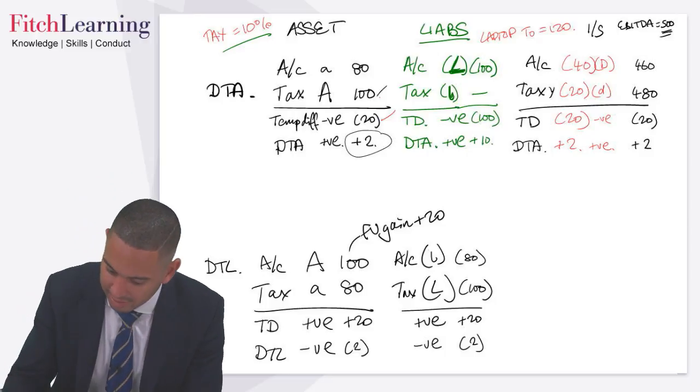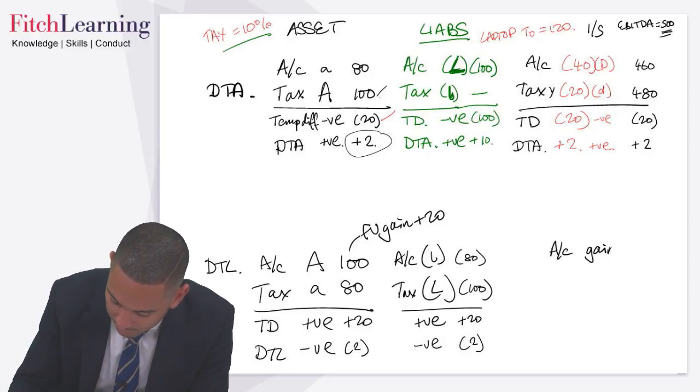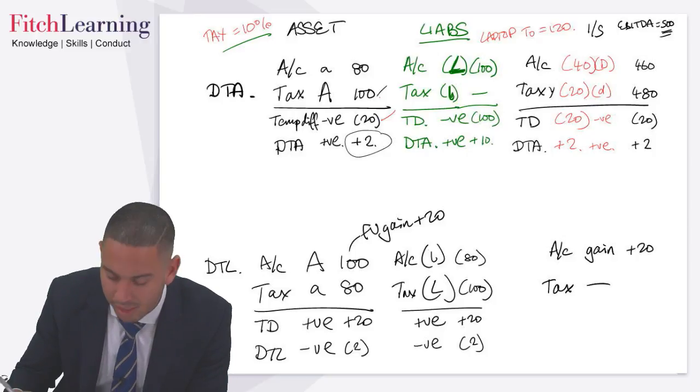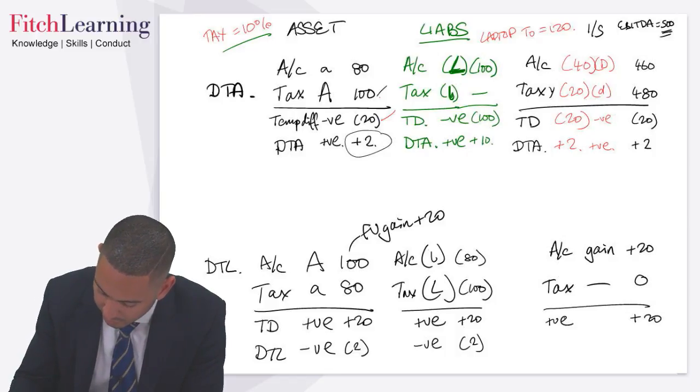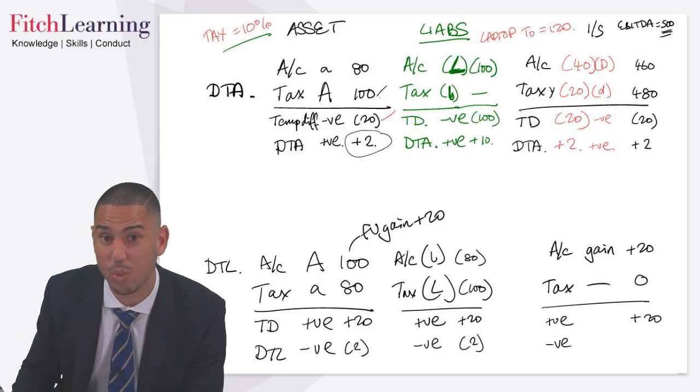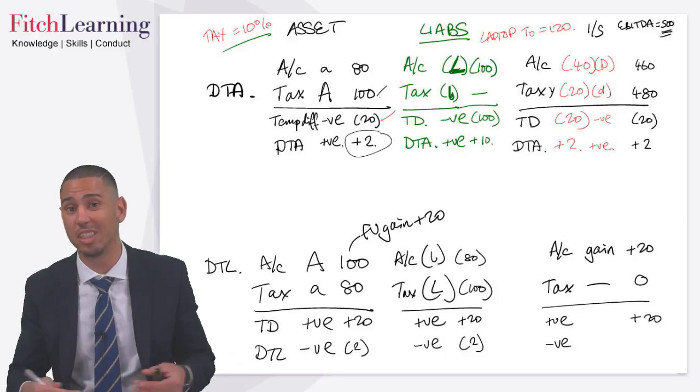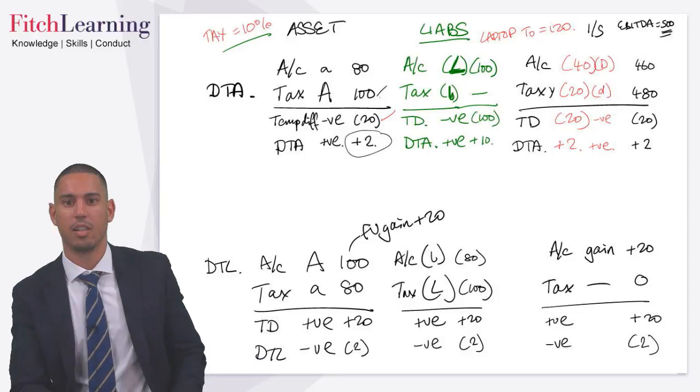In which case, in my income statement, positive, and the 20, and here what I'm going to do is just apply the tax rate at 10.